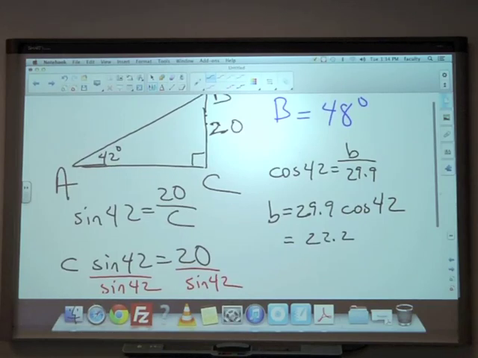Opposite and adjacent are relative to the angle you are talking about, okay? But the hypotenuse is always the hypotenuse. That doesn't change. But opposite and adjacent are always relative to the angle you're talking about.